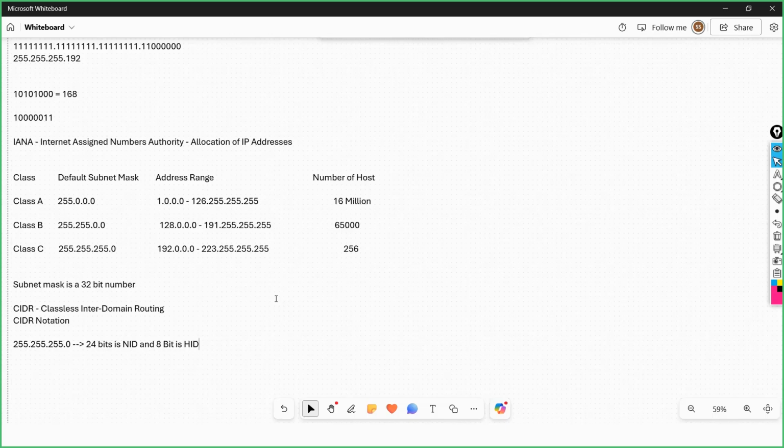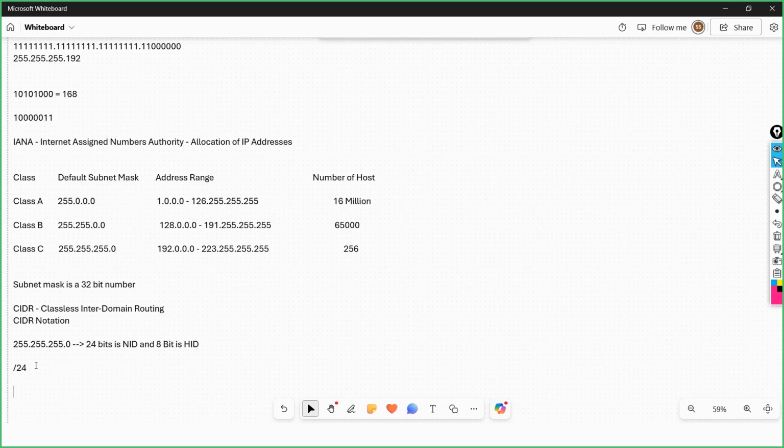So instead of writing such a long mask, you can just straight away write the CIDR notation, also known as prefix length. If you want to write the subnet mask, you can simply say slash 24, only the network ID. Slash 24 is equivalent to 255.255.255.0, meaning that slash 24 means this is the network ID of this specific IP address.